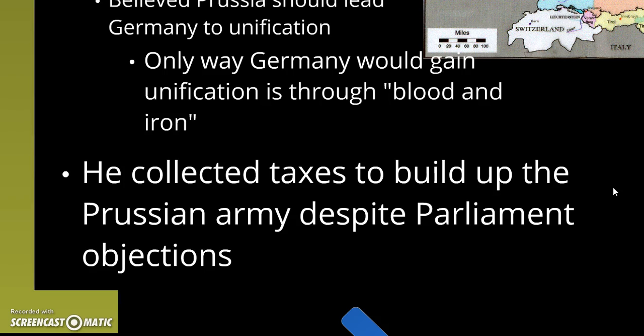And so lots of other regions in Germany join up with Prussia, and they say, we want to be part of this glorious Prussian military that's winning battles in Europe and winning glory in the name of Germany. And so other groups join up with him.